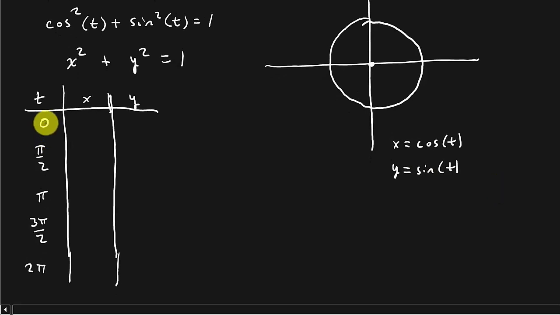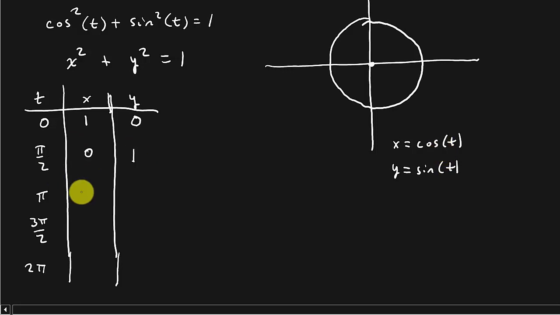So we're going to take the 0 and plug it in for t. What's the cosine of 0? This is one that you should remember. That's 1. And what's the sine of 0? That's 0. Then the cosine of pi over 2 is 0. The sine of pi over 2 is 1.